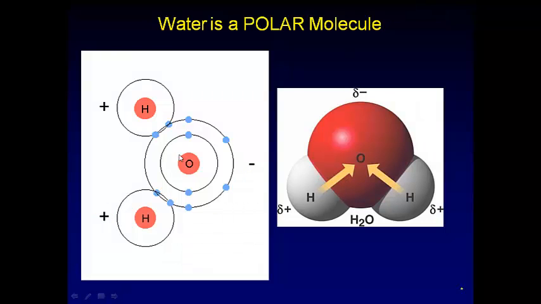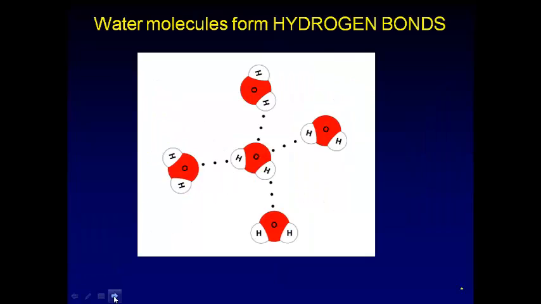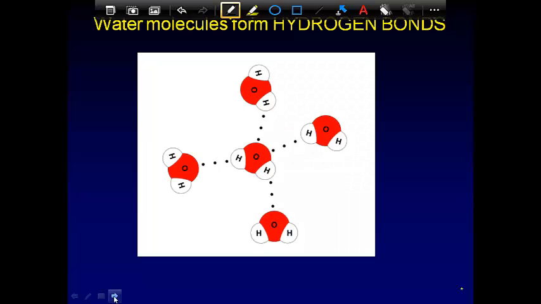Alright, the second thing we need to review from class is the fact that this polarity of the water molecule allows it to form hydrogen bonds. So if we think about those positives and negatives again, remember all of our oxygens have a negative charge, so I'm going to mark those that are involved, and all our hydrogens have a positive charge, so I'm going to mark those that are involved here as well.